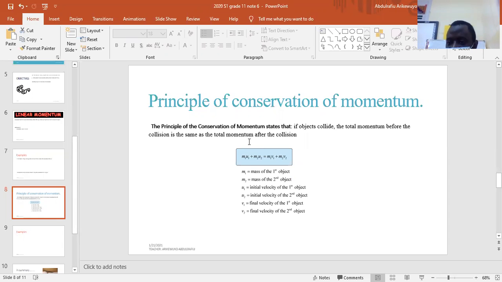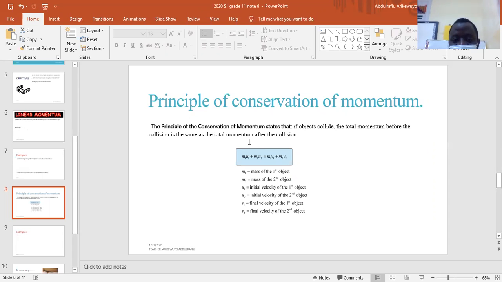Now, after the collision, there is still mass and velocity for the cars. So what this principle is saying is that if we calculate the total momentum before collision, for the first car and for the second car, and we add them together, it is going to be the same as when we calculate the momentum after they have collided. Are you following now?